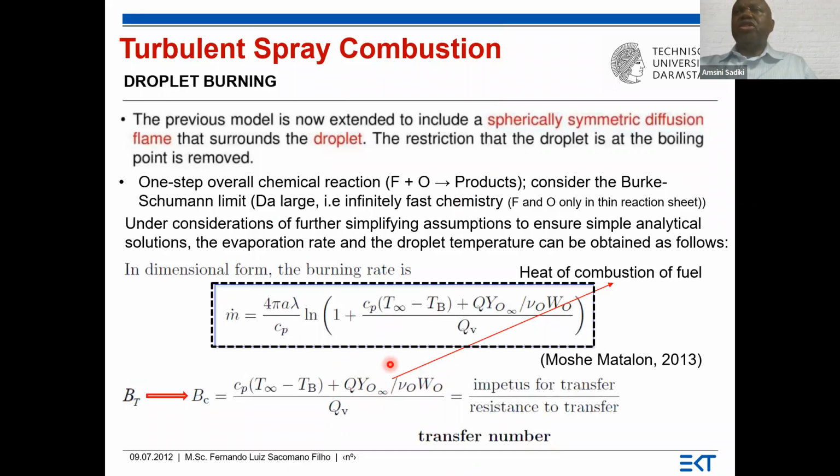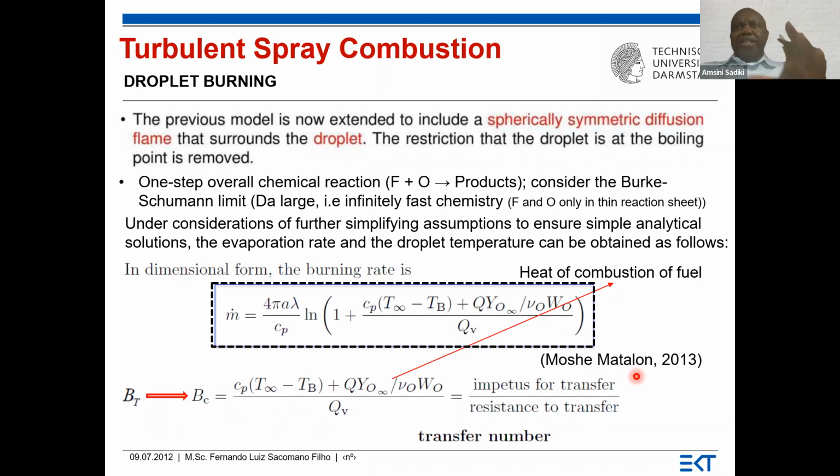And this is the contribution of the chemical reaction to the heat. And this quantity is only the impetus for transfer divided by resistance to transfer. And this relation has been proposed or established by Mosheh Matalon in 2014.